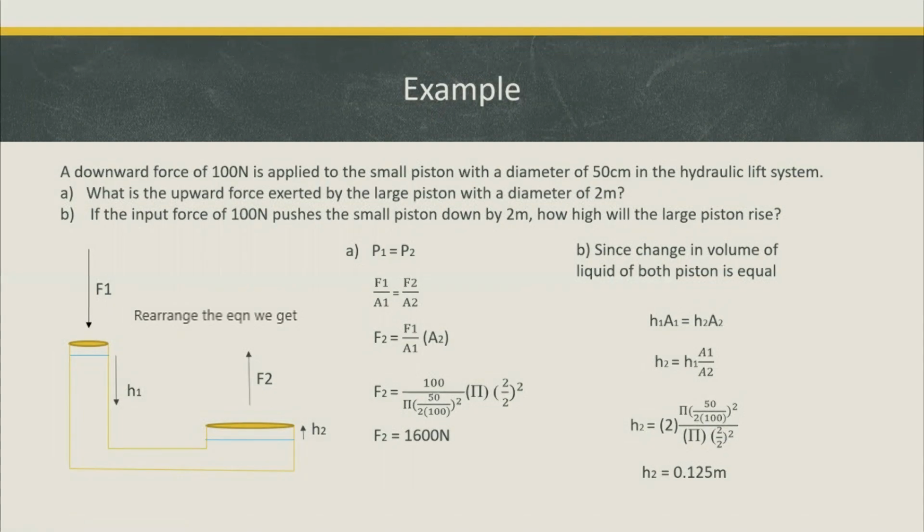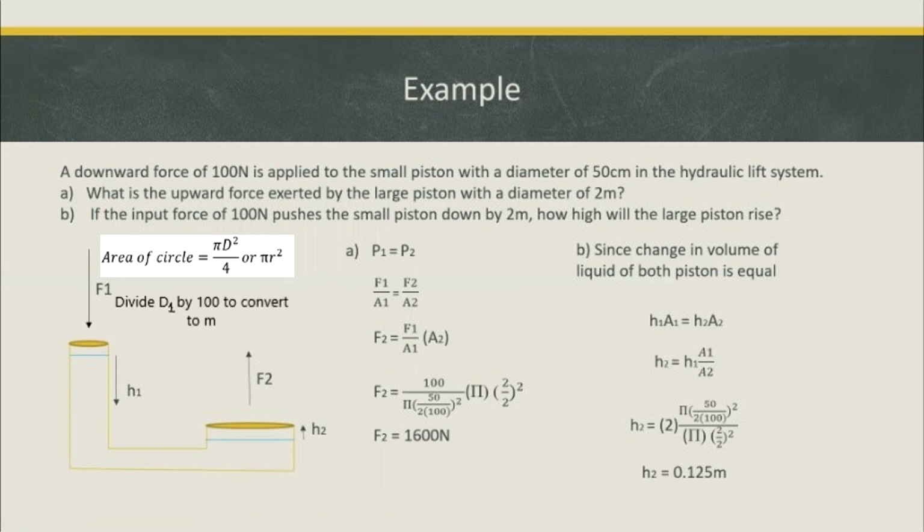When we rearrange the equation, F2 will be equal to F1 over A1 times A2, where A1 is π(D1/2)² divided by 100² to change it into meter, while A2 is equal to π(D2/2)². By substituting the values in, we find that F2 is equal to 1,600 Newton.